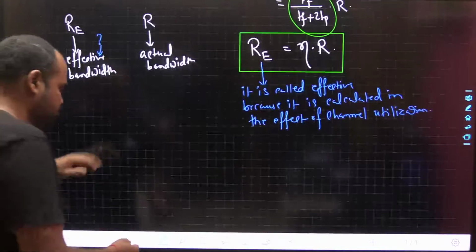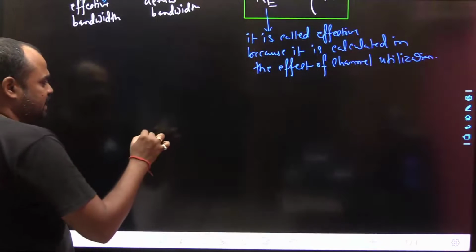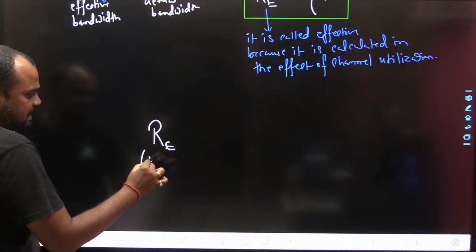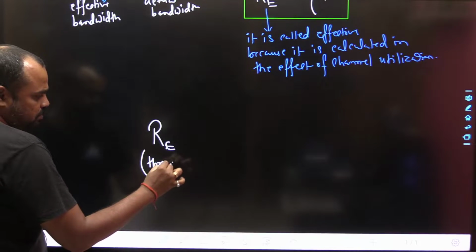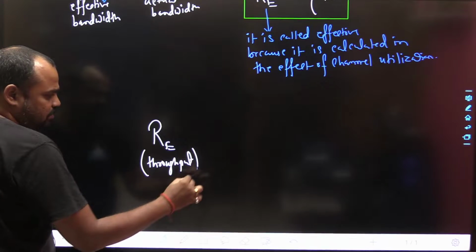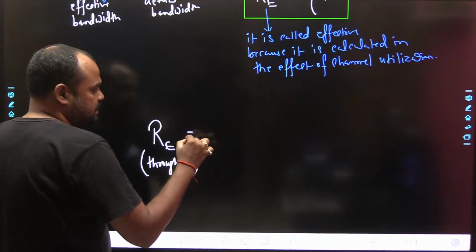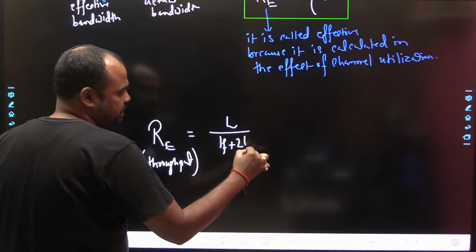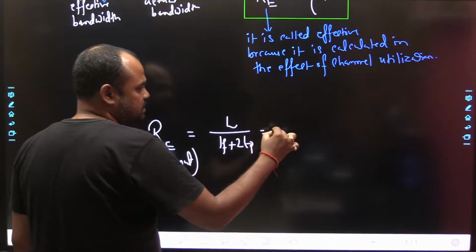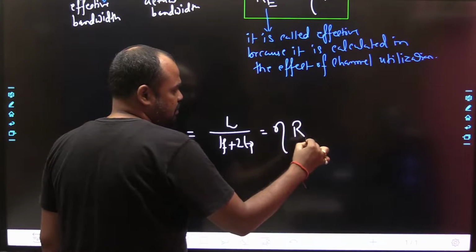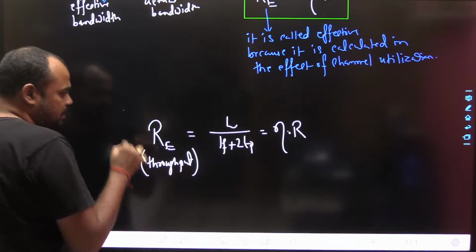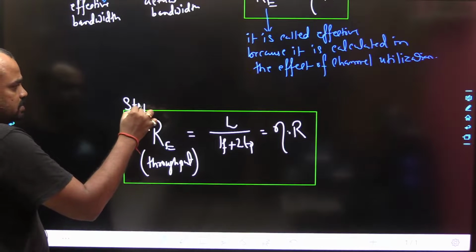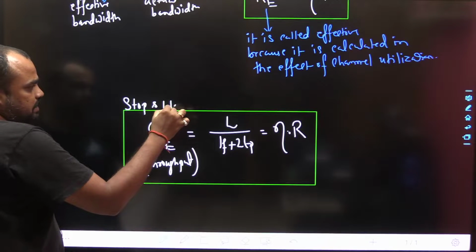Okay, so ultimately we can write the effective bandwidth, or you can say the throughput. This is equivalent to L upon TF plus 2 TP, or you can say this is equivalent to eta into R. And these derivations we have calculated in case of the stop and wait protocol.